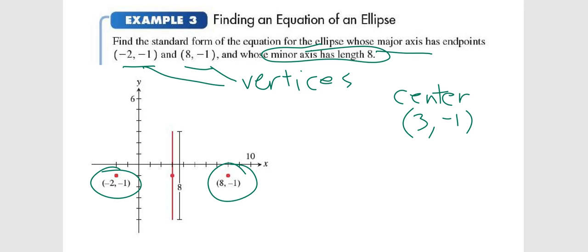Because we know the minor axis length is 8, so we cut it in half. So what's the value of b? 4, good. What's the value of a? I got to vote for 5. Is that true? From 3 to 8, is that 5? That is.